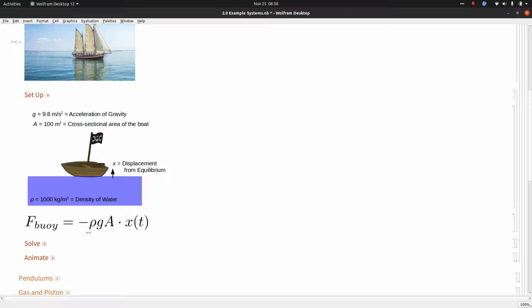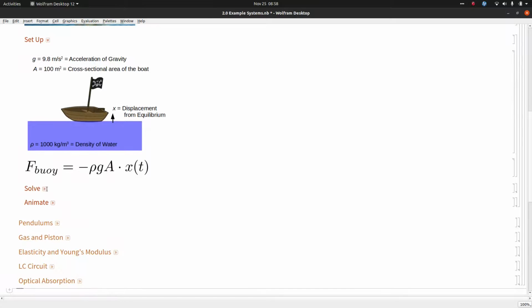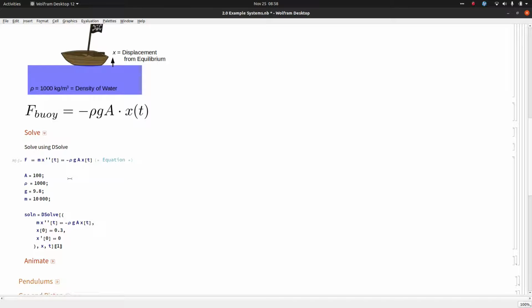So just like Hooke's law, it's a minus a constant times the displacement. But here, the constant, if you work out the physics and the math, is going to be the density of the water, rho, the Greek letter rho, times g, the acceleration of gravity, times A, the area of the bottom of the boat.